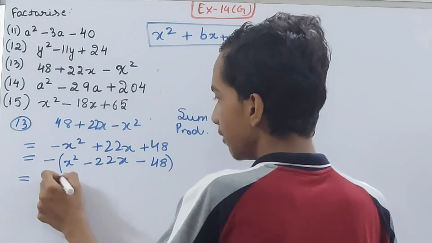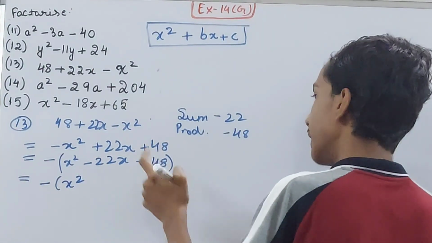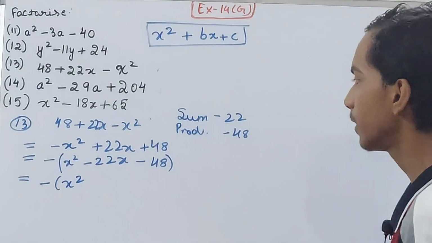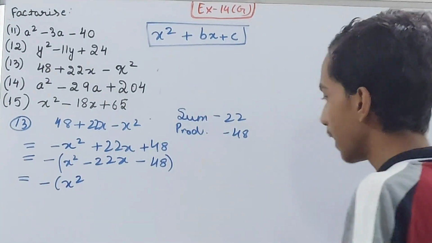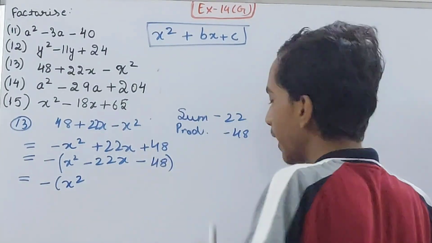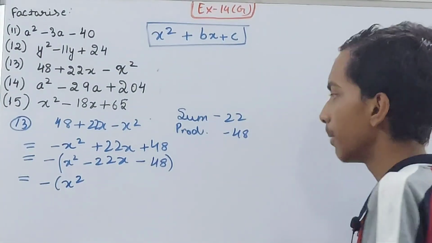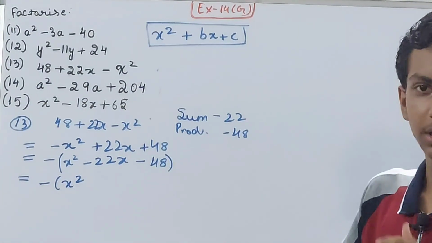Now we have to break it down in such a way. Let's think of factors of 48 that have the difference of 22. So let's see, 2 and 4, 2 and 24, right? That's it. Because 24 minus 2 is 22, so there is the difference.